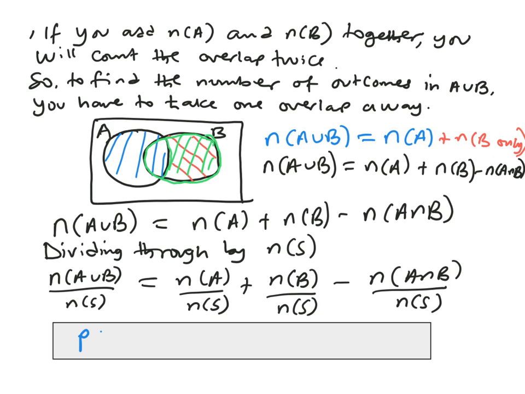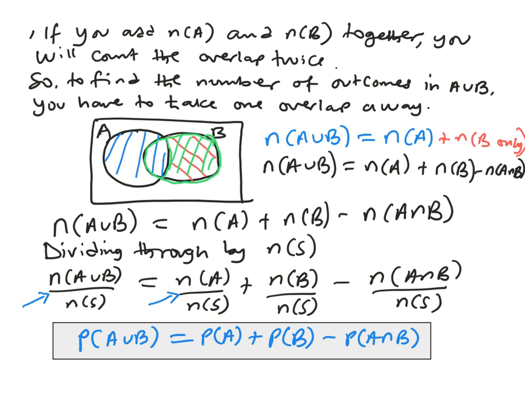The probability of A union B is the probability of A plus probability of B minus probability of A intersection B. This is the probability of A union B, this is the probability of A, this is the probability of B, and this is the probability of the intersection.